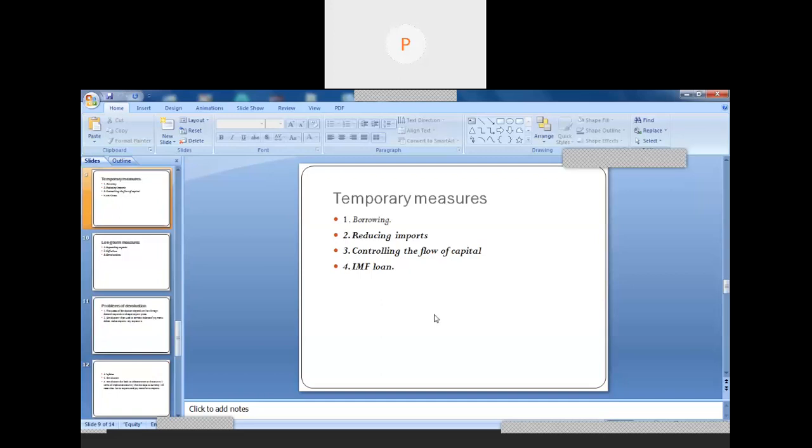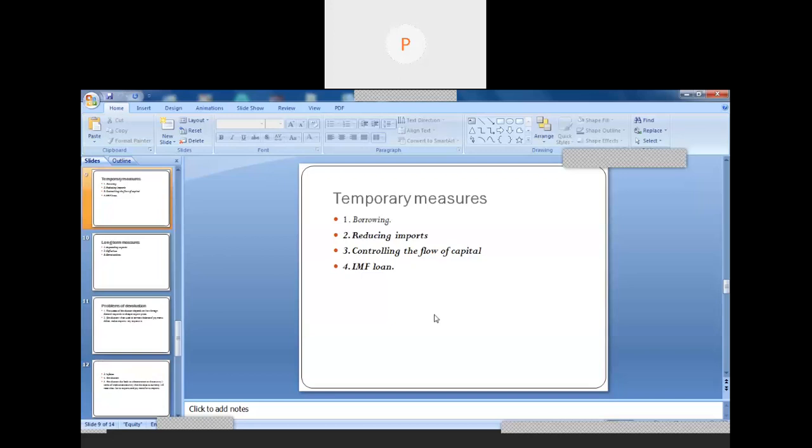So these are called temporary measures. See, again, it is going to bring a threat to your country, right? If a developing country takes a loan from the IMF, a country cannot raise its economic activity or be in a well-off situation by taking loans from other countries, right? That is the reason why these points are under temporary measures.